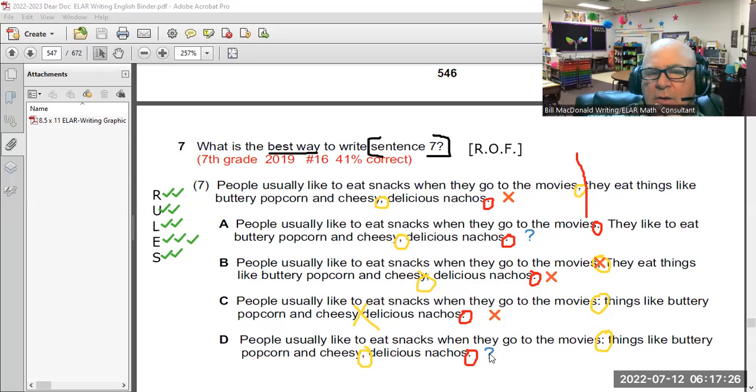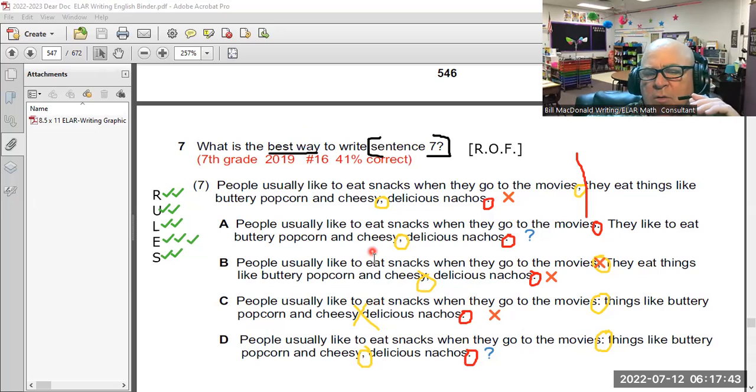So between these two, letter A and D, whenever they use the word best over here, like you see here on the question, that's usually a clue that there's going to be sometimes two good answers.